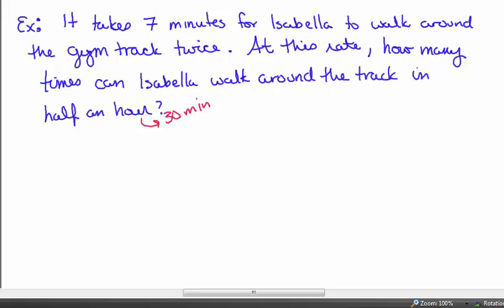Every 7 minutes she can walk around it twice. I want to know in 30 minutes how many laps. So I can do this with the proportion, or I can do this with the unit rate.